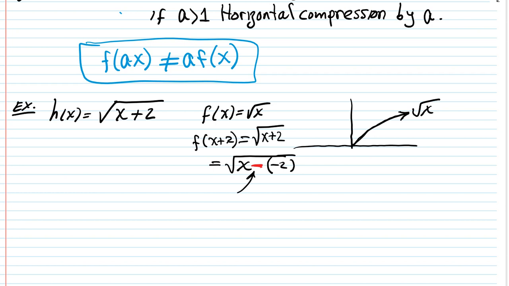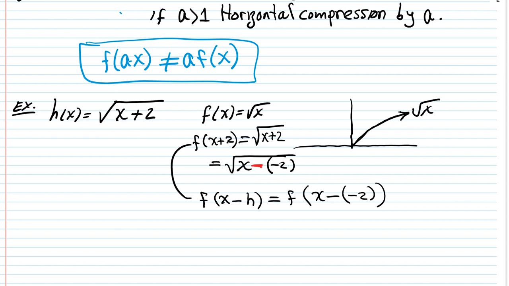Now what we're looking at here, indeed, is f at x minus h. So the function that I'm working with, I can adjust it for that, and I'm going to be writing it as x minus negative 2. The reason I'm doing this is because I need to identify h. So it looks like h is negative 2, correct? So my h is negative 2, which is less than 0.